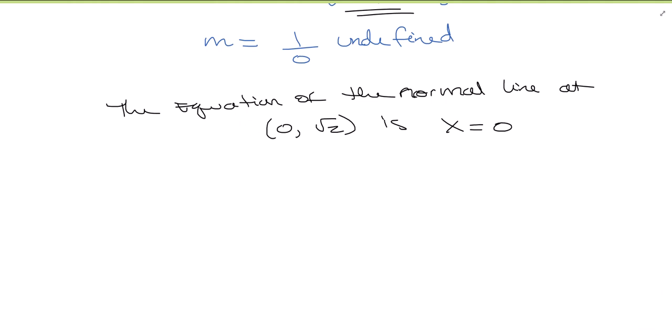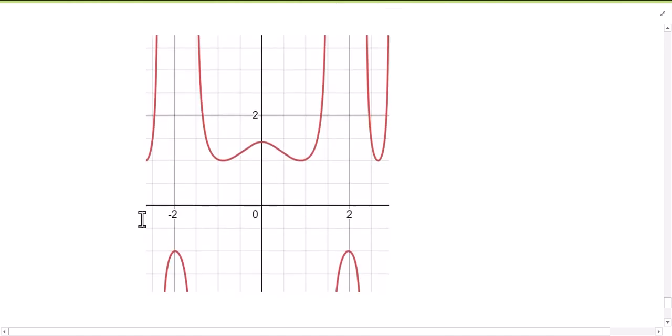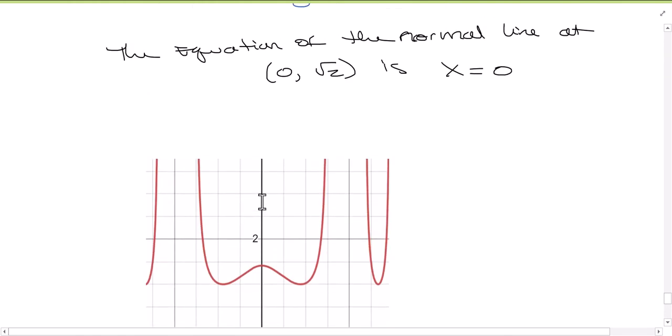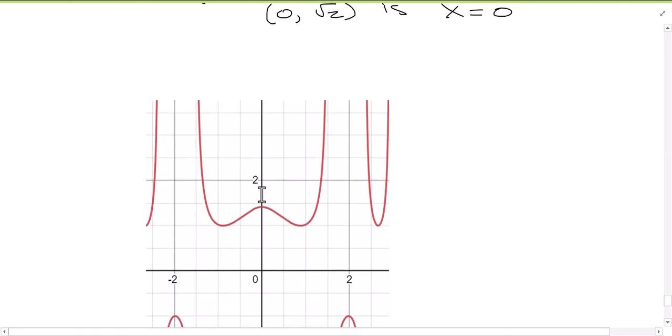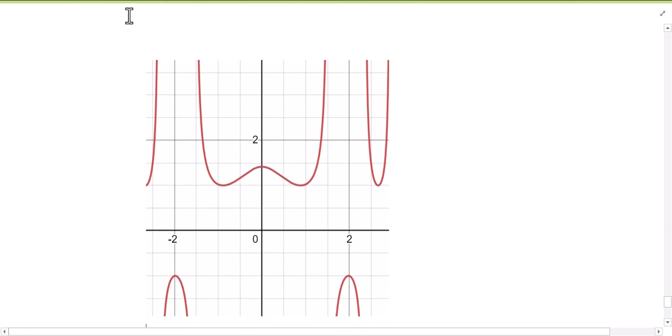And so looking at the graph of this, here's the graph. I graphed it between negative pi and pi. So when x is 0, this is our function, f of x equals cosecant of x squared plus pi over 4. And we wanted to find the equation of the normal line when x equals 0.